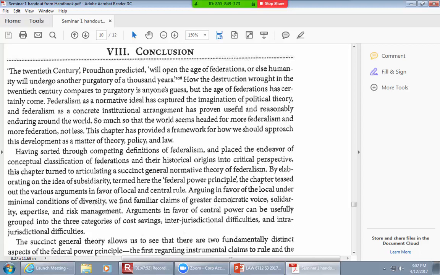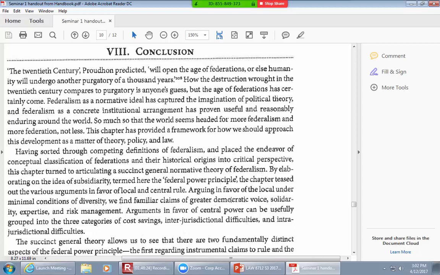We'll see soon. Arguing in favor of the local under minimal conditions of diversity, as for example in Australia, we find familiar claims of greater democratic voice. So he's saying, if we want to have subsidiarity implemented in Australia so that we can have more powers devolved, say, to Queensland, how would you justify that? Because we are all the same. We're all Australians. So why would you have to have that?